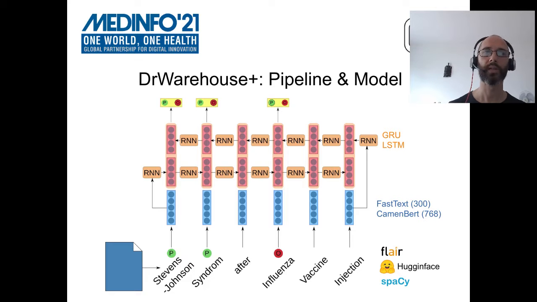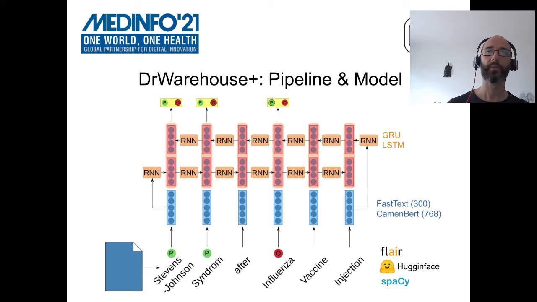So for example, it divides the phrase Stevens-Johnson syndrome after influenza vaccine injection into Stevens-Johnson, 1 token, and syndrome, another token, etc. Then the tokens are transformed into vectors by different embedding models, FastText and CamemBERT, which make vectorial representations of the tokens.